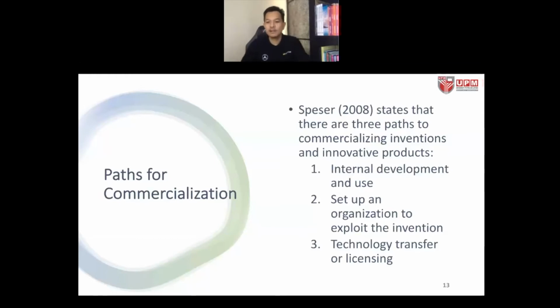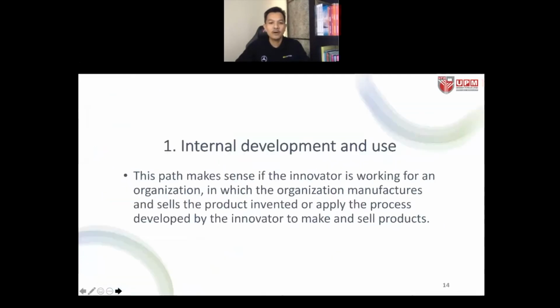And then of course technology transfer to another party, or licensing your product to another company. All right, let us look into them one by one. In terms of the explanation, the first one is the internal development and use.